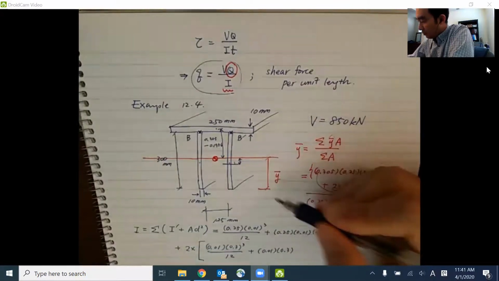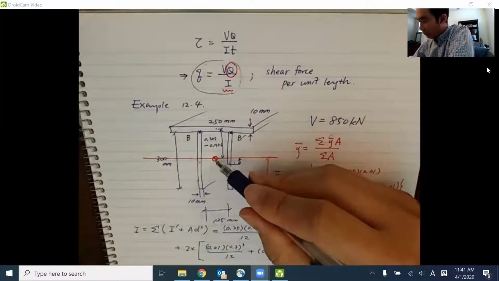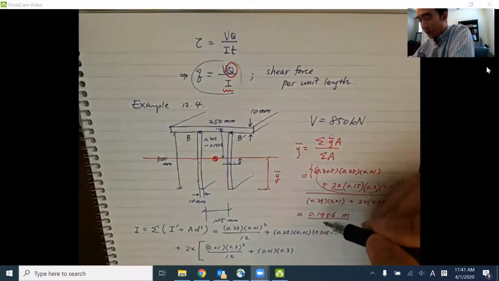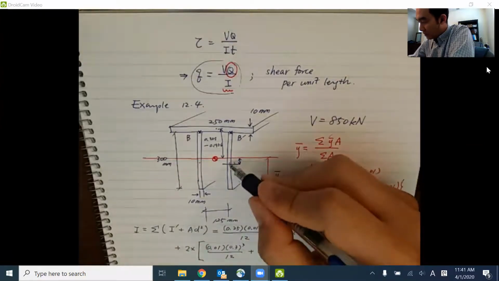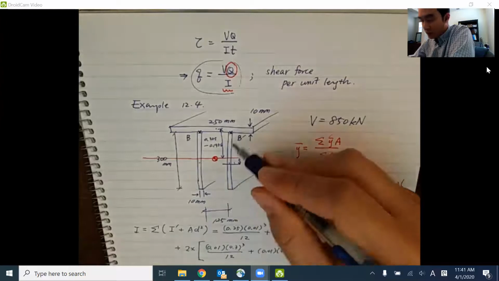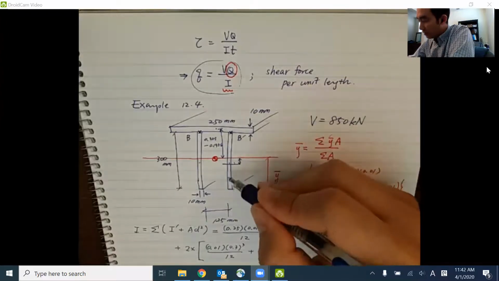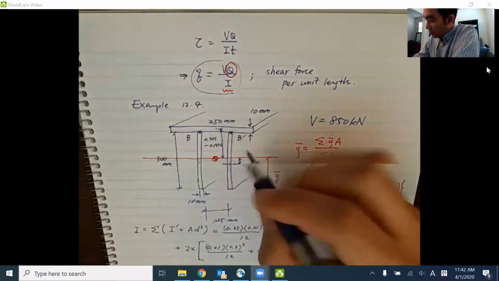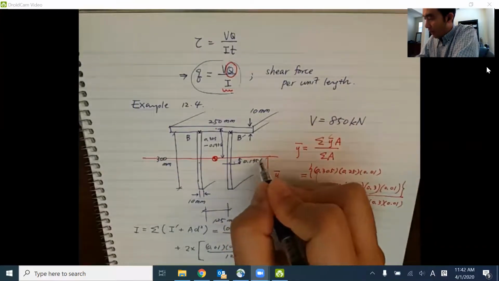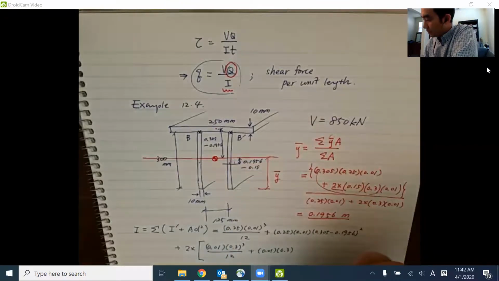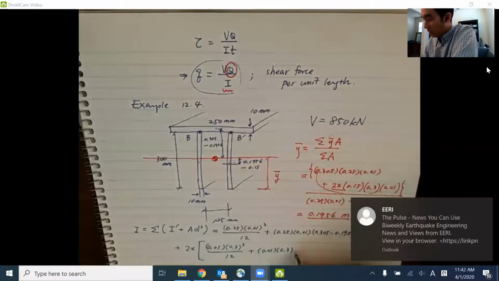From the bottom to the location of the centroid for the entire section was 195.6 in millimeters. The distance from the bottom to the center of this leg is 150, which is 1/2 of 300. So this is going to be 0.1956 minus 0.15, squared.